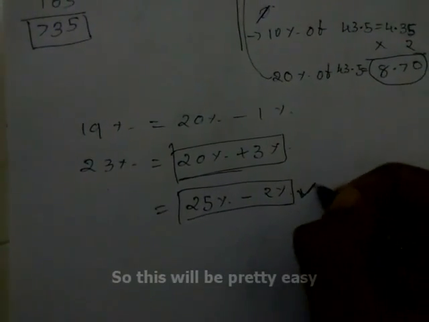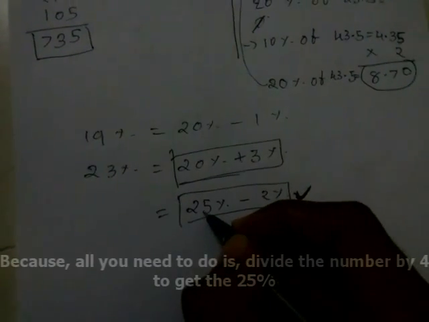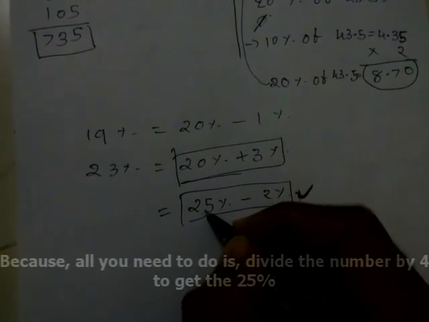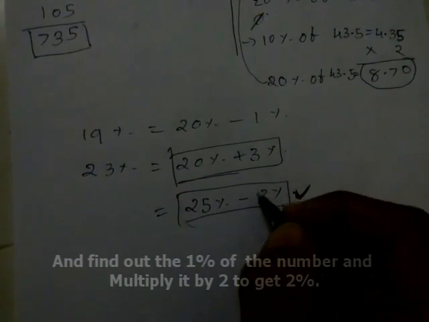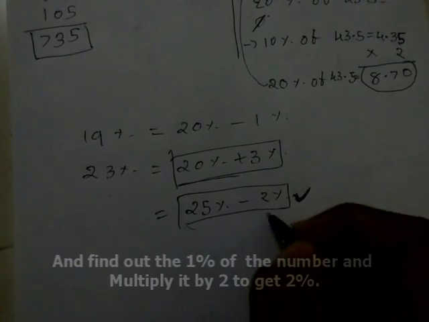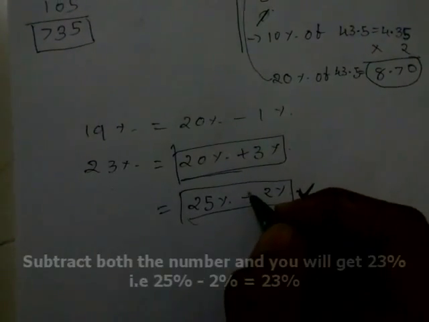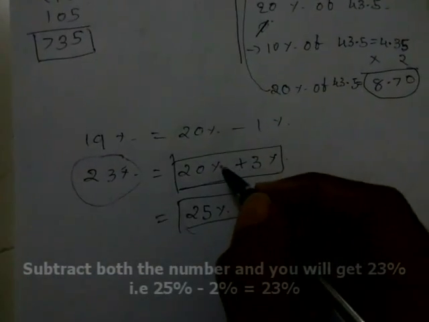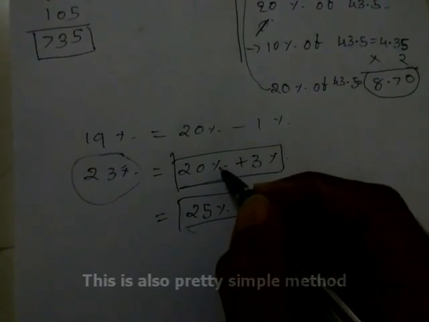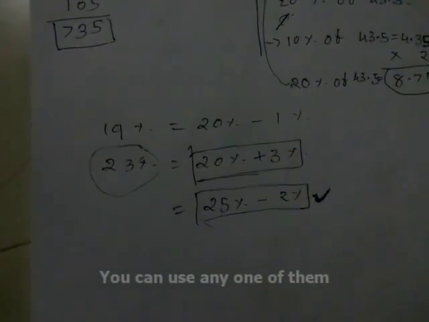So this will be pretty easy, because all you need to do is just divide the number by 4, we get the 25%, and find out the 1% of the number and multiply by 2. Subtract both the number and you will get the 23%. This is also the pretty simple method. You can use any one of this.